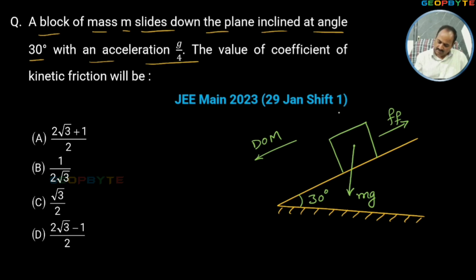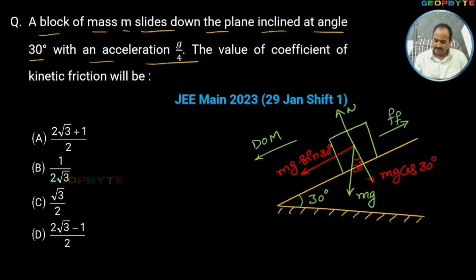Okay. Now look at the normal reaction. This is the normal reaction N. Then look at the angle between the mg and normal reaction. This is 30 degrees. Then this is mg cos 30 degrees and this is mg sin 30 degrees.